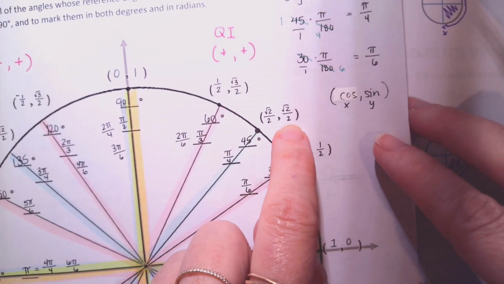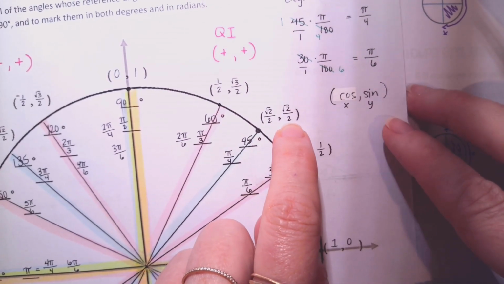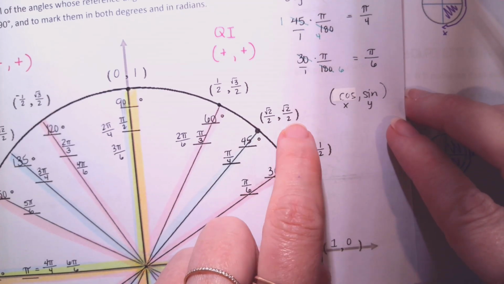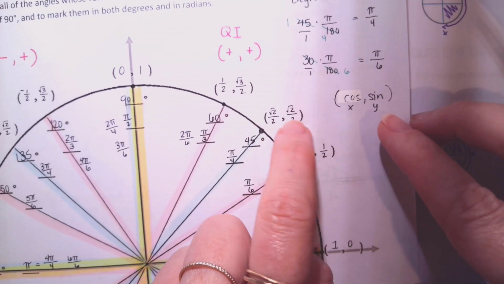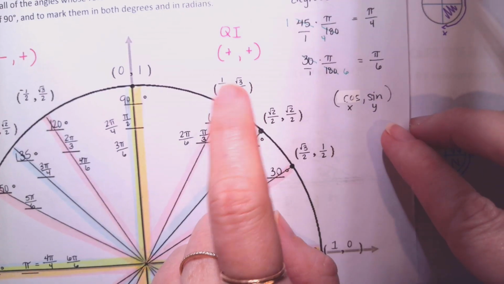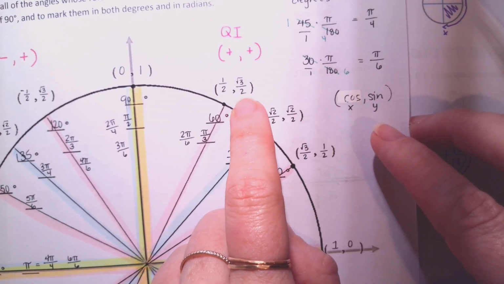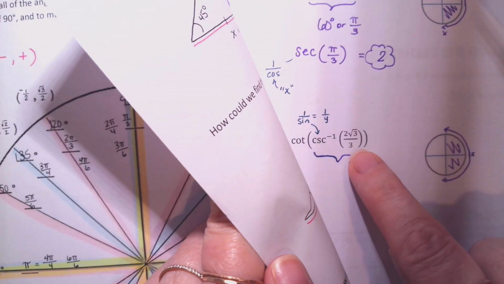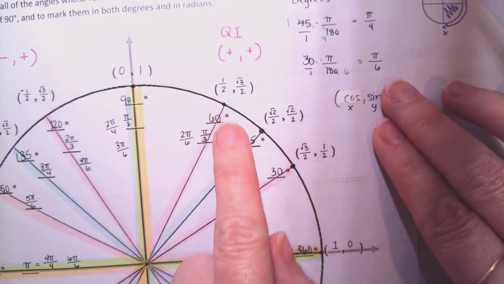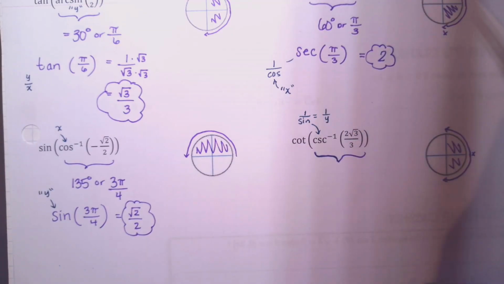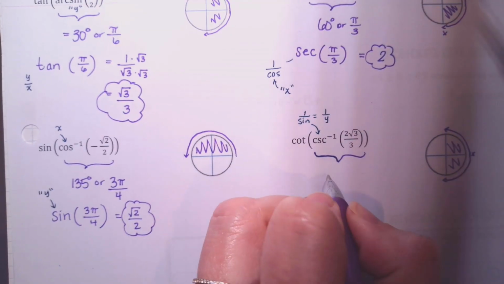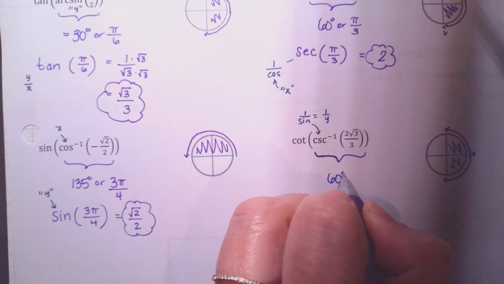If I flip over this one, you would get 2 over square root of 2, which you could rationalize, but you're still not going to get a 3 from anywhere. But if you flip over this one, that's where it comes in handy. We'll have 2 over root 3, and then you'd rationalize it and get 2 root 3 over 3. So that angle would be pi over 3, or 60 degrees. Pi over 3, or 60 degrees.